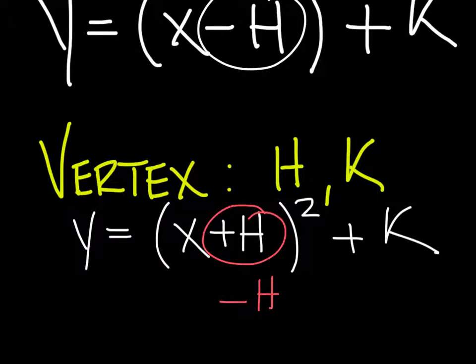K does not change. It is what it appears to be, whether it be minus 3 or plus 1 or whatever. You can't do much with it except plot it on a graph. It doesn't change anything else.